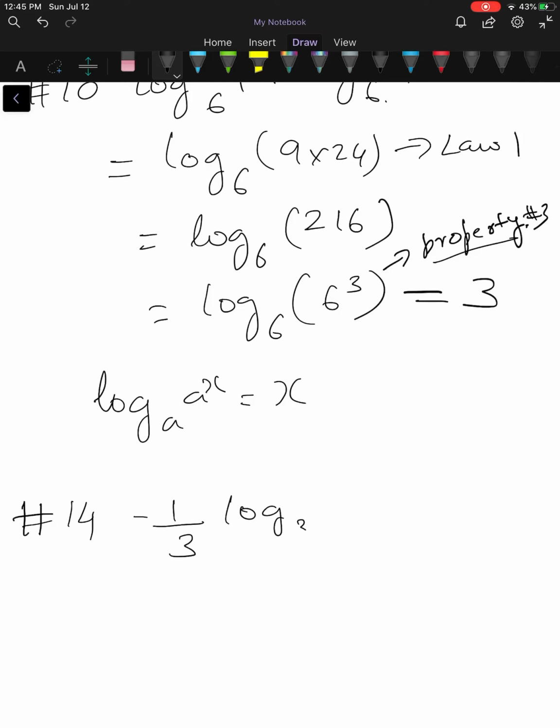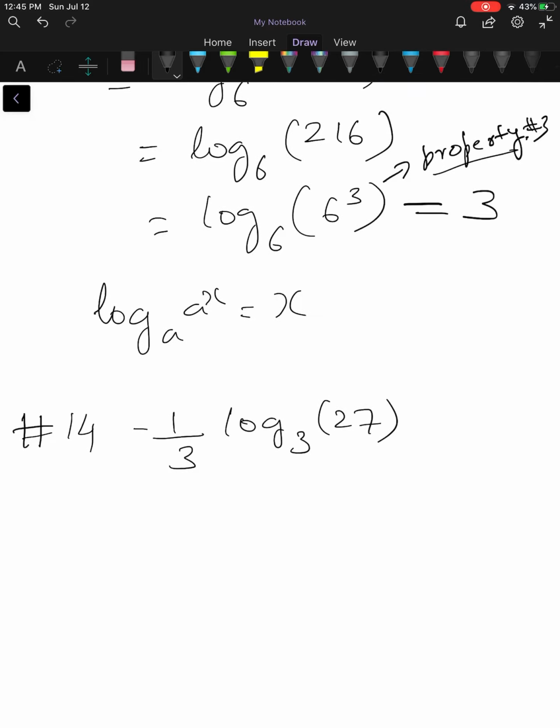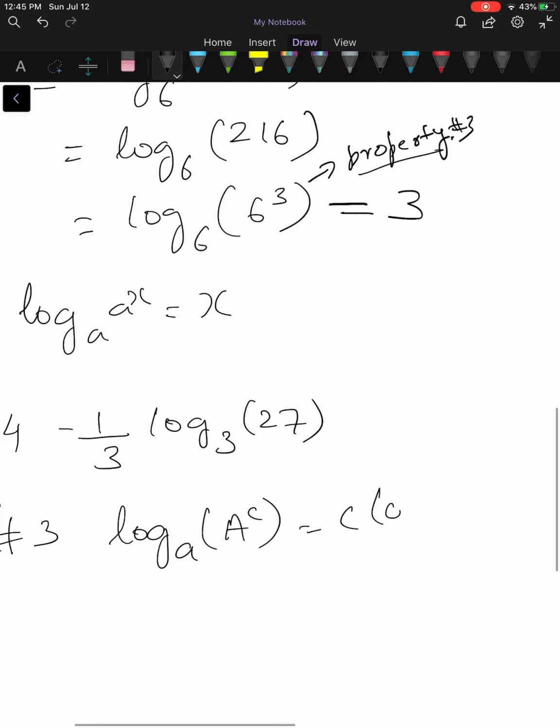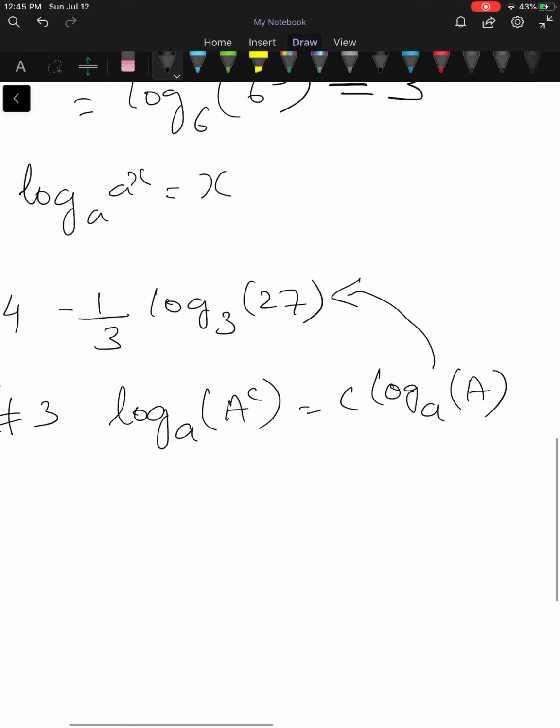So problem number 14 says negative 1 over 3 to log 3 of 27. So you can apply law number 3. Law number 3 says that log a of a power c is nothing but c log a of a, correct?